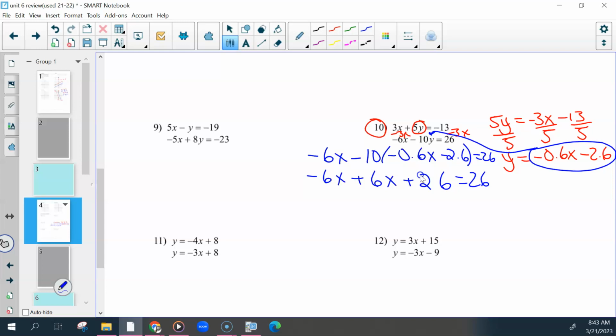But when we combine like terms, these go away. What type of solution is that? Because 26 equals 26, that's true. If they canceled and you got 26 equals something else, that would be no solution. If they don't cancel and you get an answer, then it's one solution and you find both.